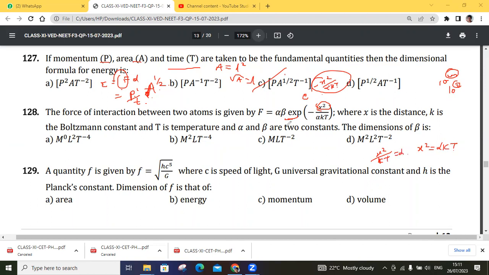And beta is force by alpha, because this will be a number. So beta will be F kT divided by x square. Now k is Boltzmann's constant, which is nothing but R by Na. R is joule per Kelvin per mole.